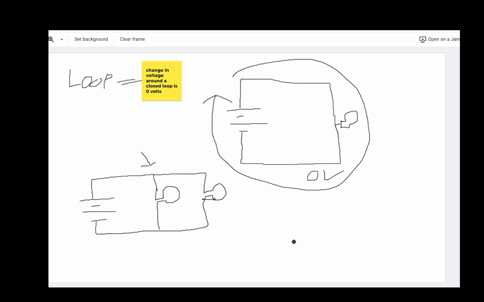What it does is, I'll just say this is light bulb 1 and this is light bulb 2. The current that goes to light bulb 1 and light bulb 2 will add up to the total amount of current that is being passed through the circuit.